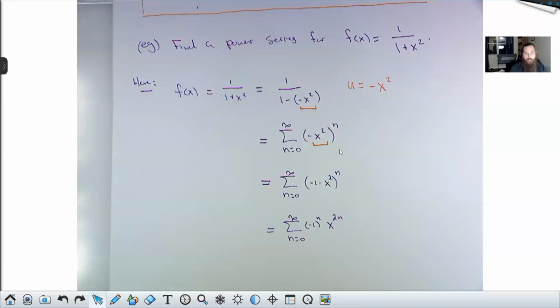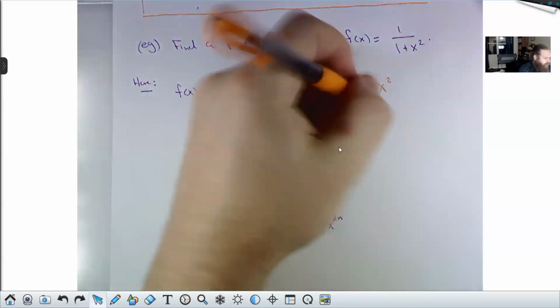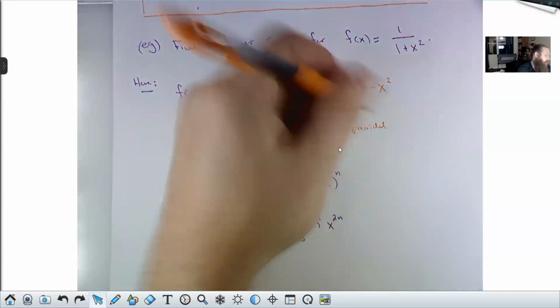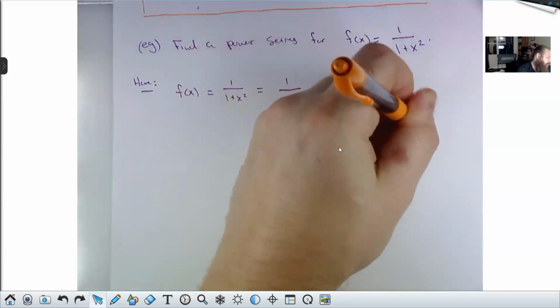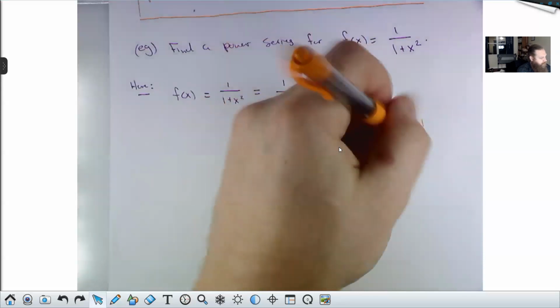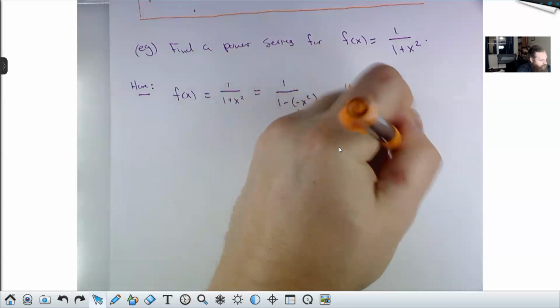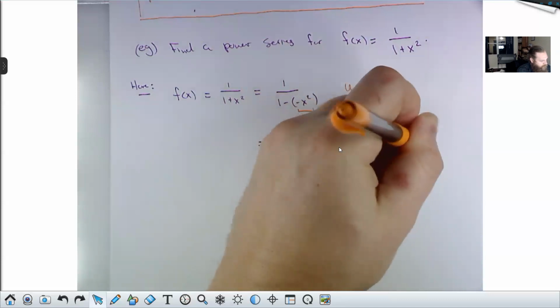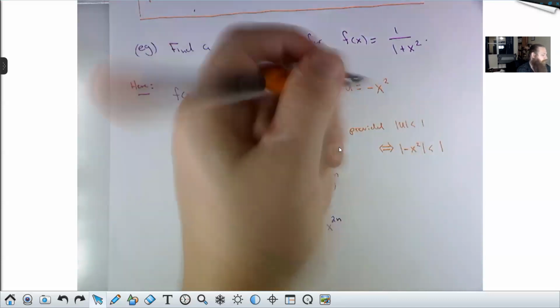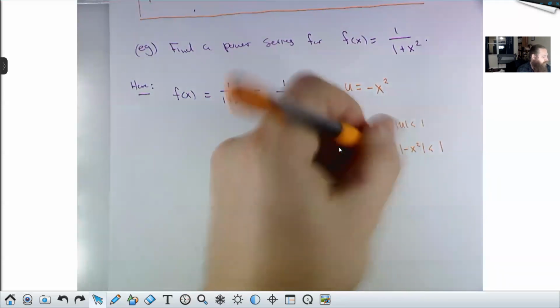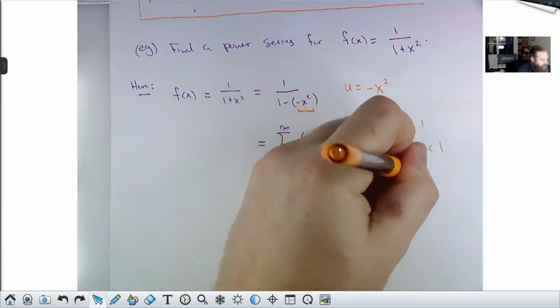We are interested most of the time in the interval of convergence. So we can say here, and this is true, provided the absolute value of u is less than 1. And here u is negative x squared. So this is the absolute value of negative x squared is less than 1. When you take the absolute value, this negative is going to go away. And remember, the square here can pop out.